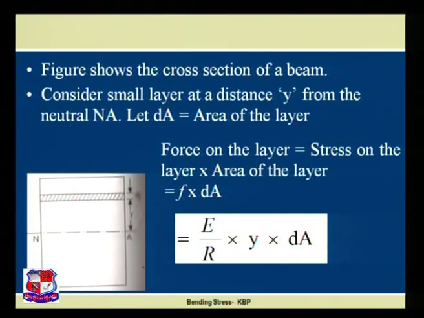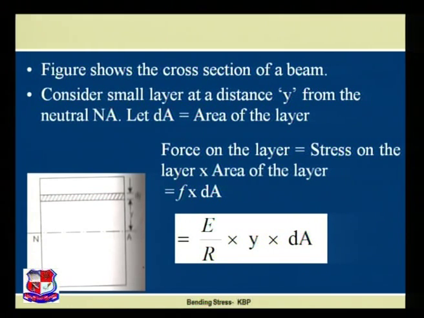So, if we refer to the following rectangular cross section of a given beam, let us consider a small layer at a distance y from the neutral axis NA, then dA is the area of the layer. Then force on this layer is equal to stress on the layer multiplied by the area of the layer. So force on the layer is F multiplied by dA.